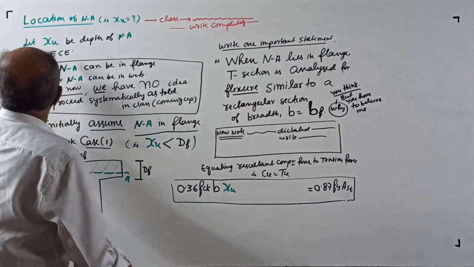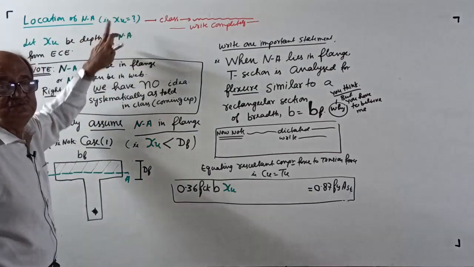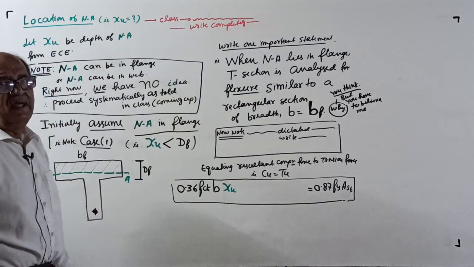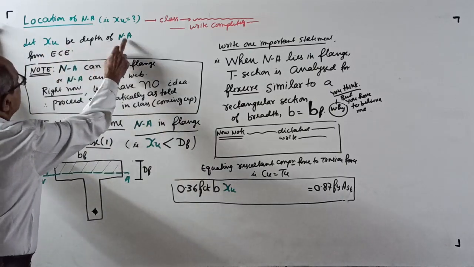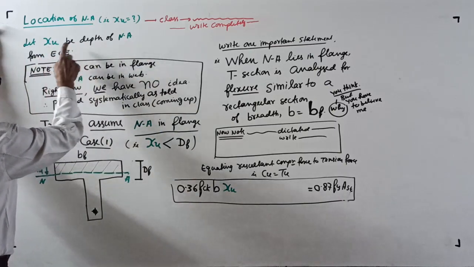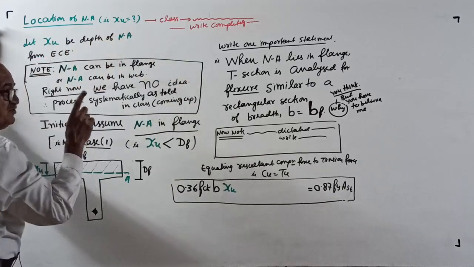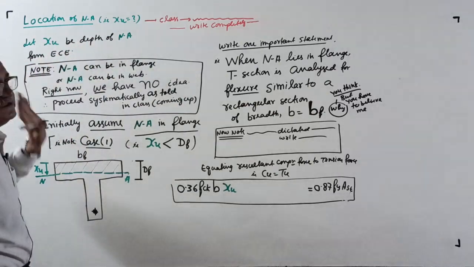First step, location of neutral axis, that is, to find XU. Let XU be the depth of neutral axis from extreme compression. Remember, neutral axis in red color, green color, as usual.